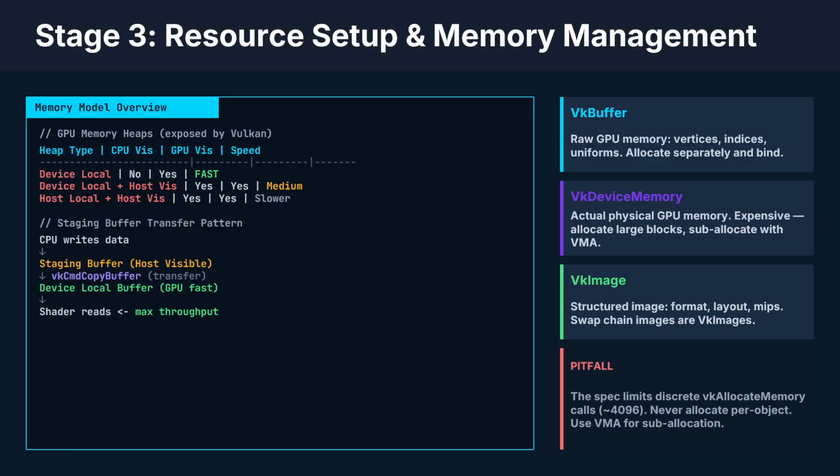So you can have some memory which is completely GPU specific. We call it device local memory. The property of this memory is that it is very fast, but your CPU cannot access it. Then you have a second type of memory, which we call host visible memory. The host here is your CPU, and it indicates that this type of memory can be accessed by your CPU.